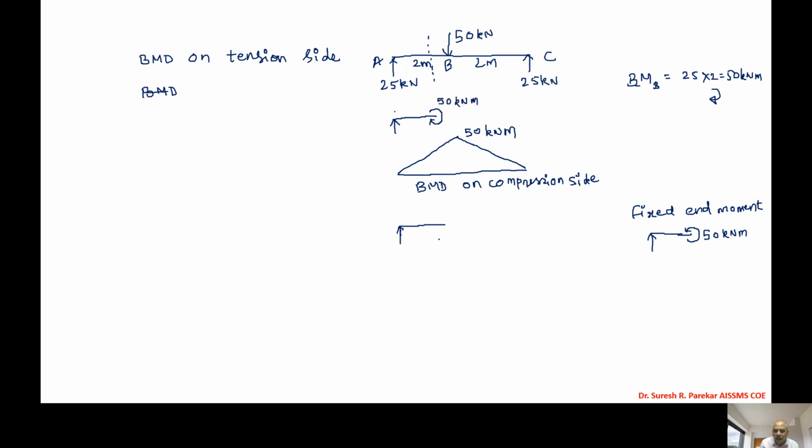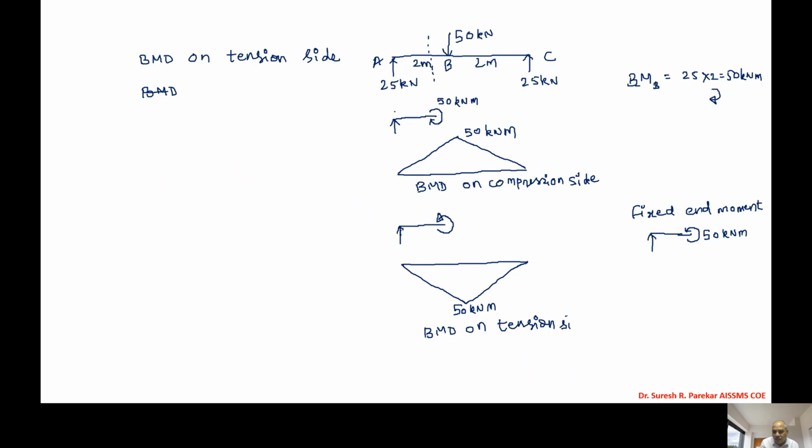So here we have exactly opposite, anti-clockwise, and it will take the beam below, and then my bending moment diagram is on tension side. So we will have this BMD on tension side. This diagram is only reversed, the values are the same, and the polynomial function is also the same, BMD on tension side.